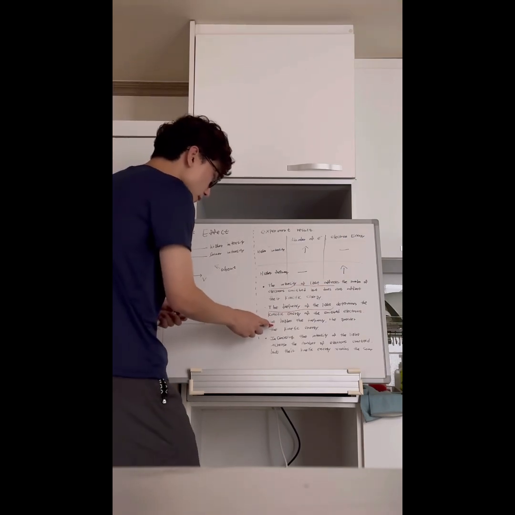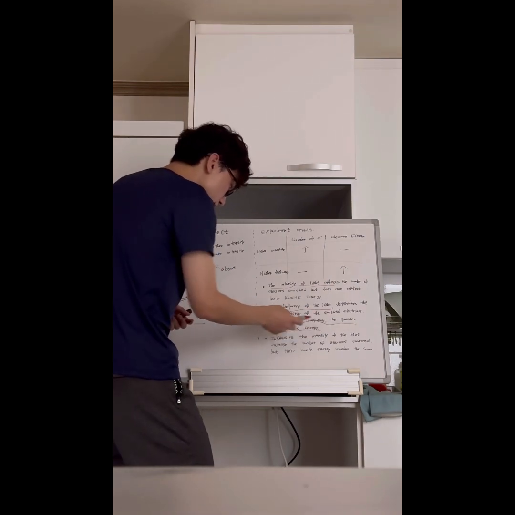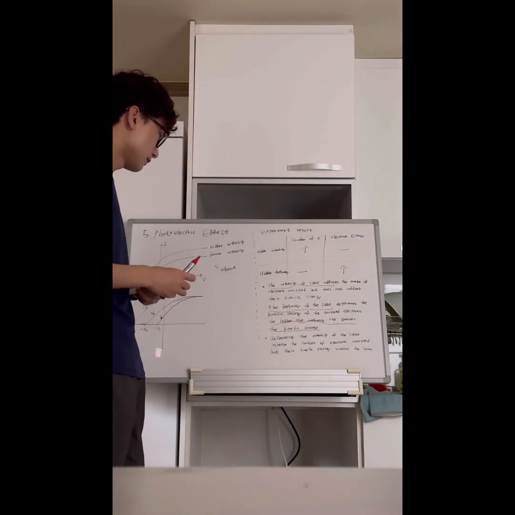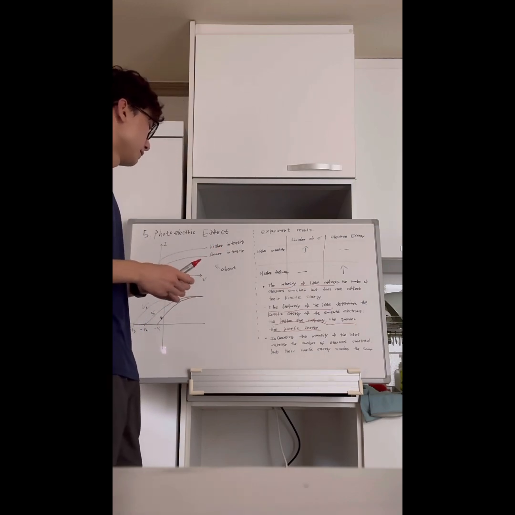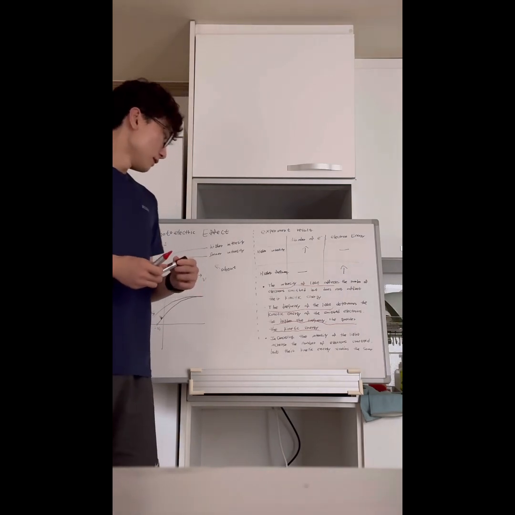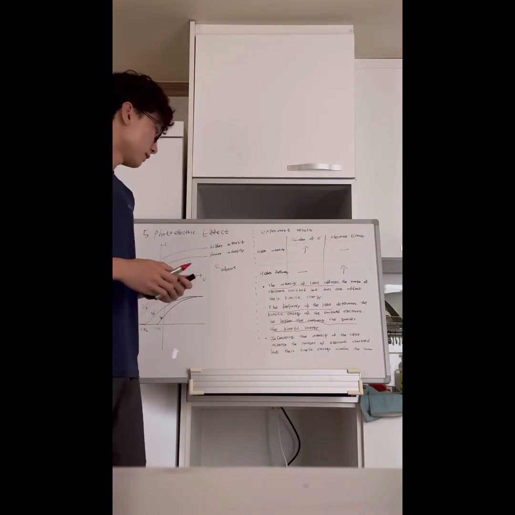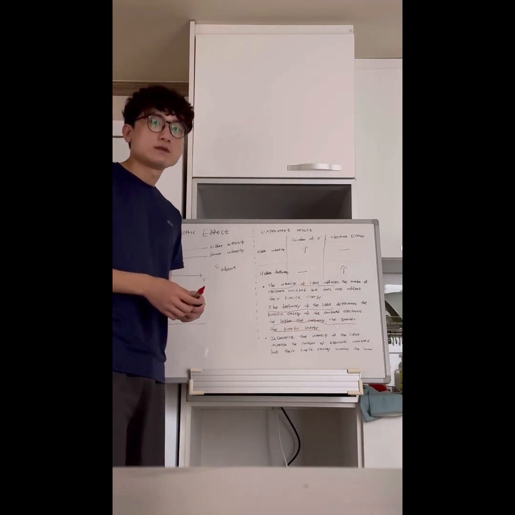So the higher the frequency, the greater the kinetic energy. Increasing the intensity of the light increases the number of electrons emitted, but the kinetic energy remains the same.